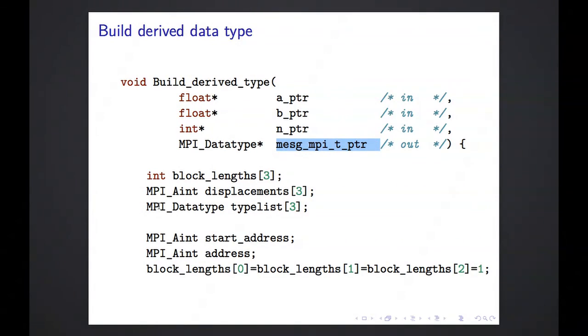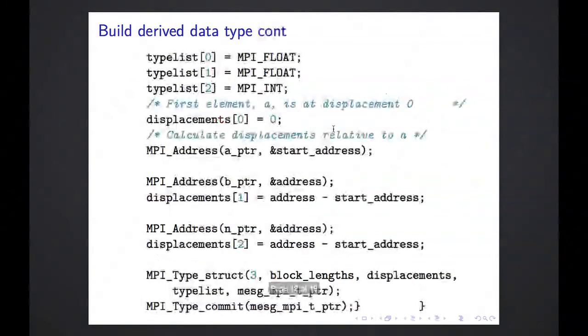So we create the arrays, which are dimension 3 because we have 3 items. The block lengths, we define them to be 1 because each one of these A, B, and N is holding a single type. And here I create my type list. So the first element is float, second element is float, third element is an integer. And here I'm using conventional MPI data types to define them.